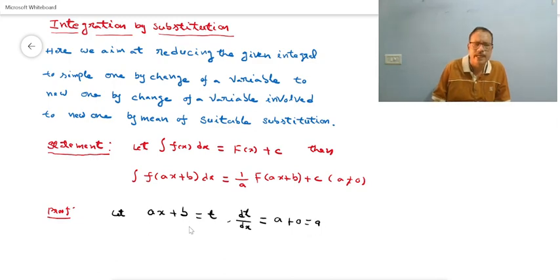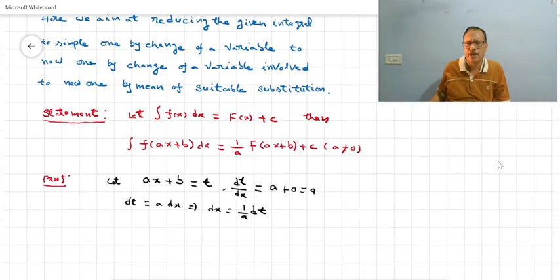So dt by dx is equal to a into d by dx of x. D by dx of x is 1, so 1 into a, and d by dx of the constant is 0. So dt is equal to a into dx. That means dx is equal to 1 by a into dt, where a is not equal to 0.